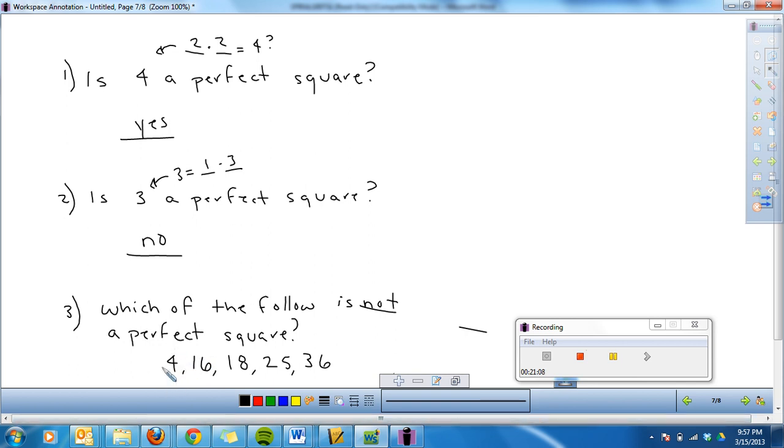Well, I know 2 times 2 is 4, so it's not going to be this. That is a perfect square, and we're looking for what is not. 4 times 4 gives me 16, so I know it's not 16. 18: is there any number I can multiply by itself and get 18? I can do 9 times 2, but that's 2 different numbers. I can also do 3 times 6, but that's 2 different numbers. So I'm thinking it's probably 18, but I want to keep going just to double check. What times what gives me 25? 5 times 5. And what times what gives me 36? 6 times 6. So the answer would be 18.